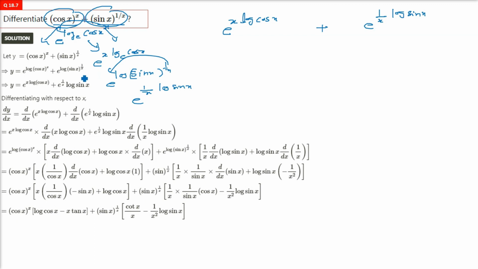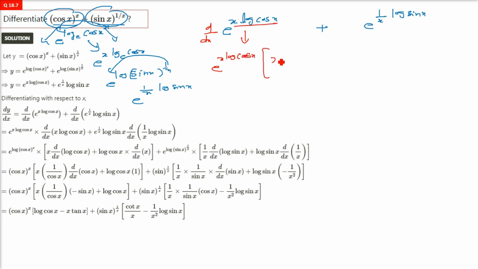See, u and v separately, du by dx, dv by dx, all this, that is a longer way to achieve the answer. Here you will see how easy it will be, because d by dx of this term, e to the power of anything will be e to the power that thing only. And this e to the power log cos x is nothing but cos x to the power x.